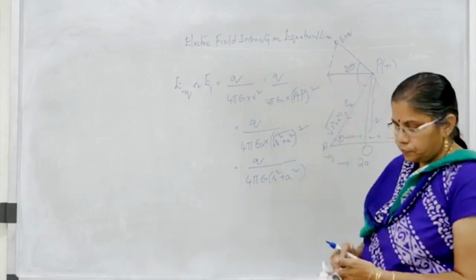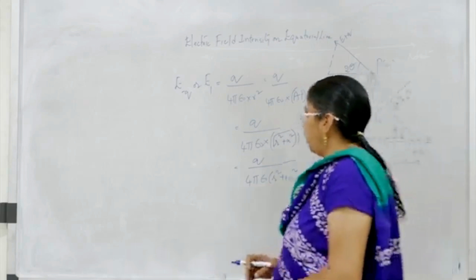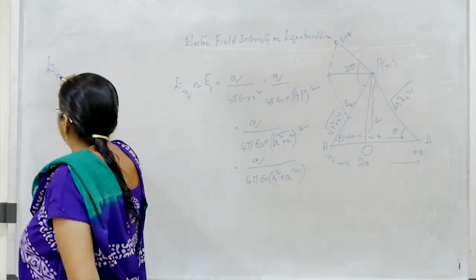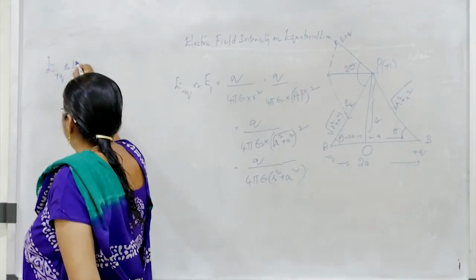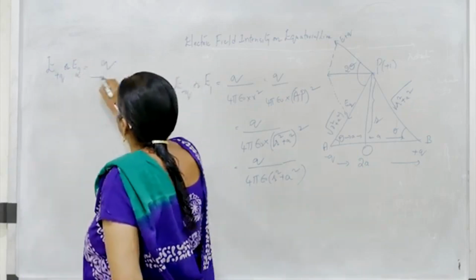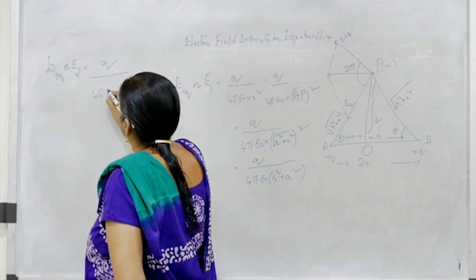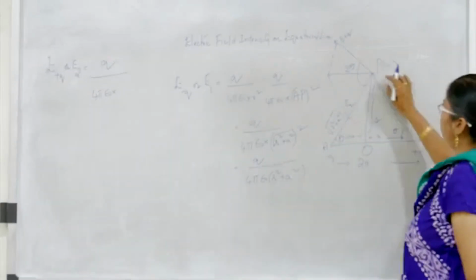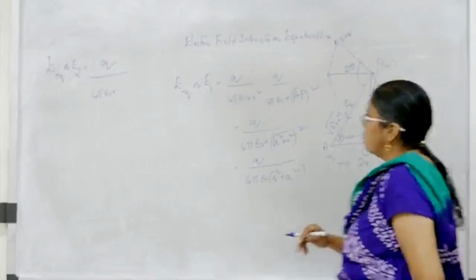This is one. Next I want to calculate E plus q, which is written as E2. This is q by 4 pi epsilon naught into BP whole square, the distance of separation.